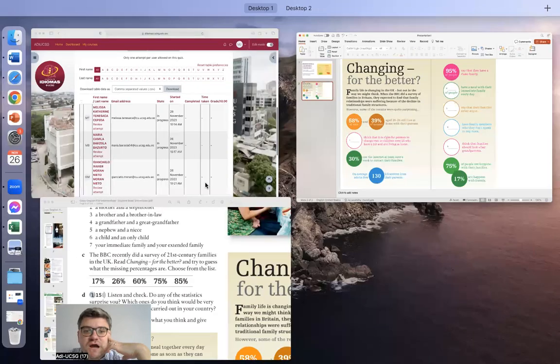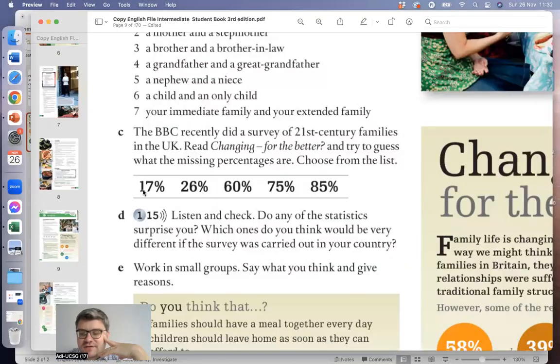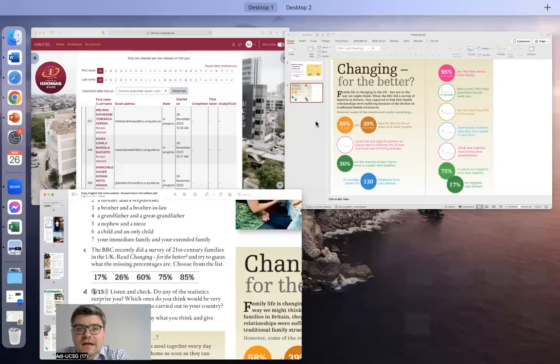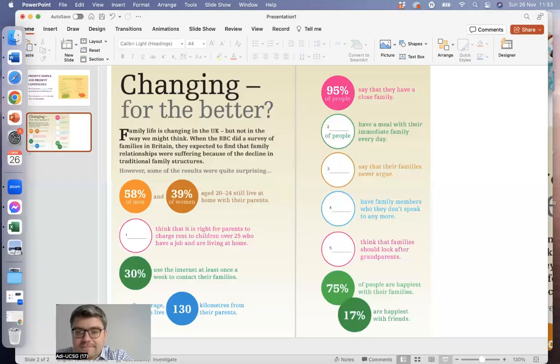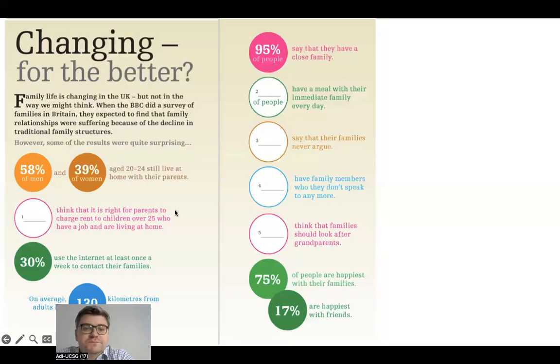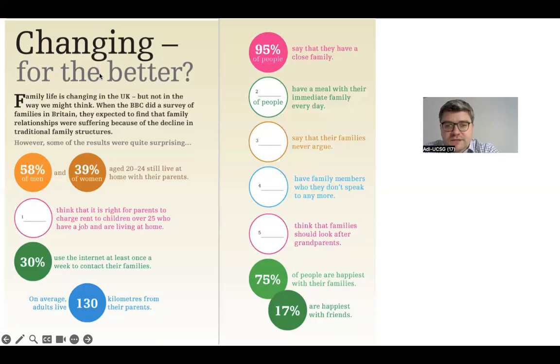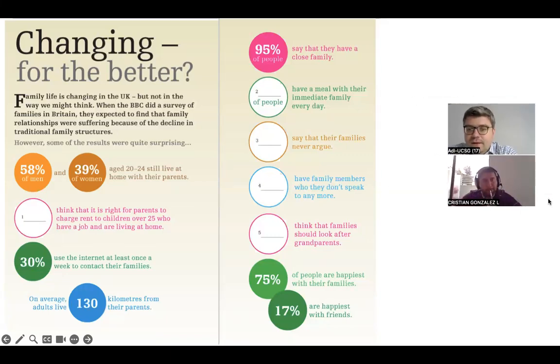So the percentages are, can you write them down, please? 17, 26, 60, 75, and 85. Now, let's look at what those percentages represent. Okay, can you see my page?